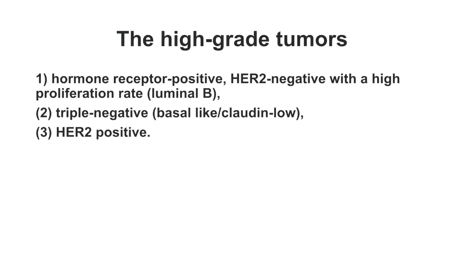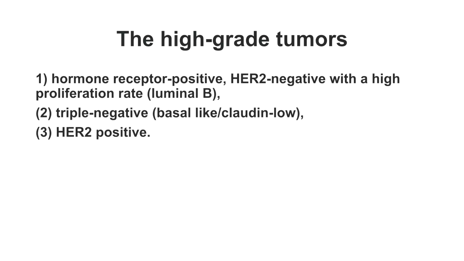The high-grade tumors can be hormone receptor positive, can be HER2 negative, and they can have high proliferation rate. Or they can have a triple negative, triple negative basal-like Claudin.